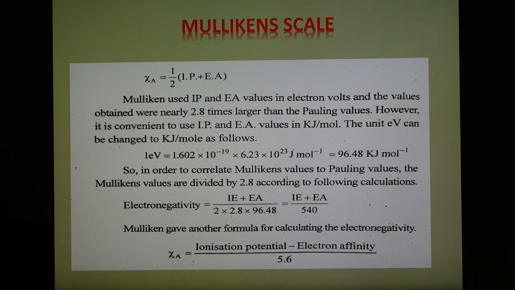Also, Mulliken used ionization potential and electron affinity values in electron volts, and the values obtained were nearly 2.8 times larger than the Pauling values. Therefore, it is convenient to use ionization potential and electron affinity values in kilojoules per mole, and the unit electron volt can be changed to kilojoules per mole.